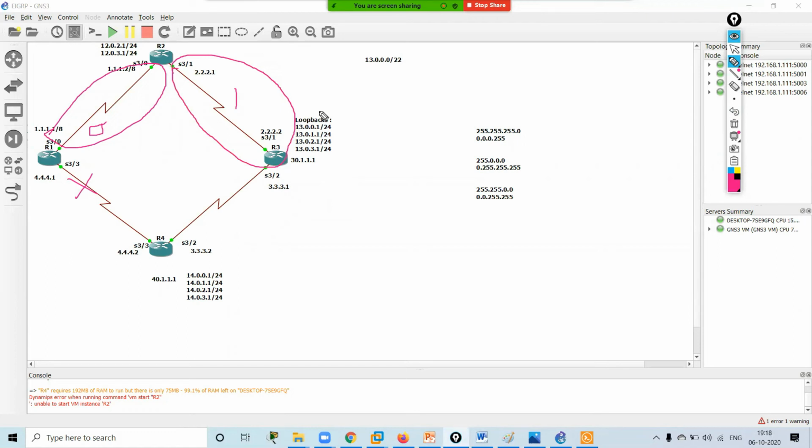So in area 1, suppose there are 50 routers and you cannot add more routers in area 1. Then what you can do?